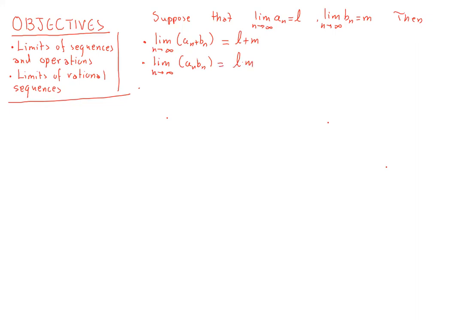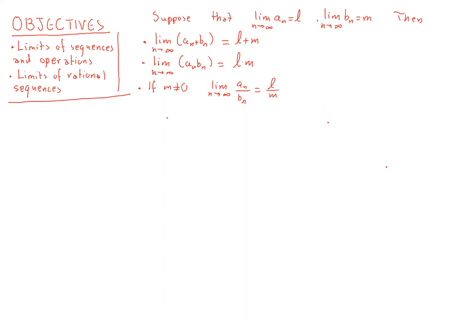And in case that M is different from 0, the same thing can be said about the quotient of two sequences, that the limit of the quotient is the quotient of the limits.